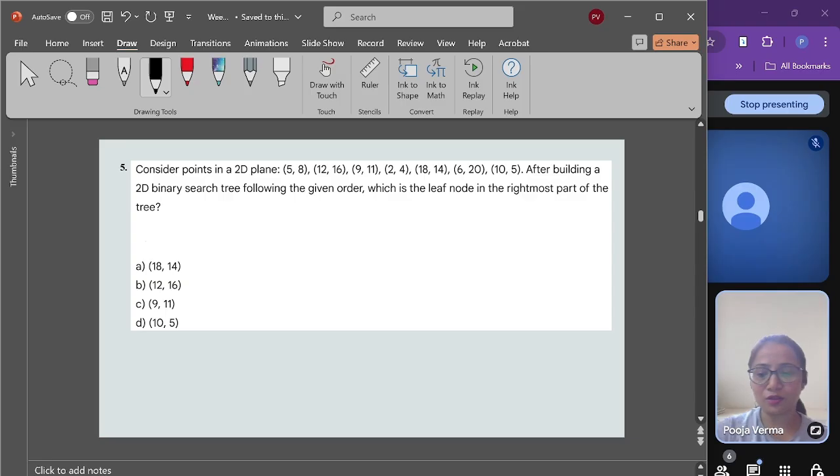So how can we solve this question? Here some points in the 2D plane are given. We have to build a 2D binary search tree in the given order, and then find which leaf node is in the rightmost part of the tree.